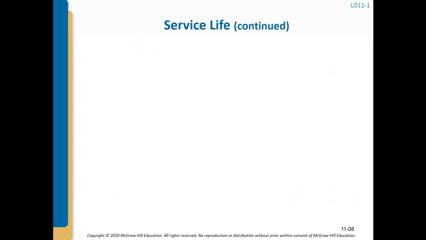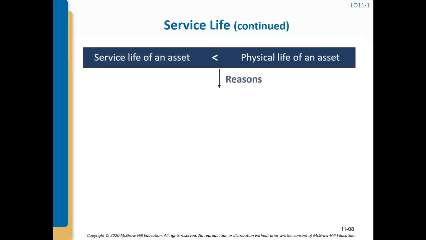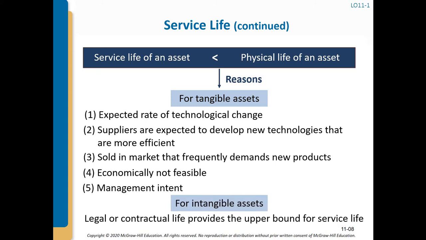The service life of an asset is always less than the physical life of an asset. The reasons are very clear. For tangible assets, there is the expected rate of technological change. For example, think about the iPhone.